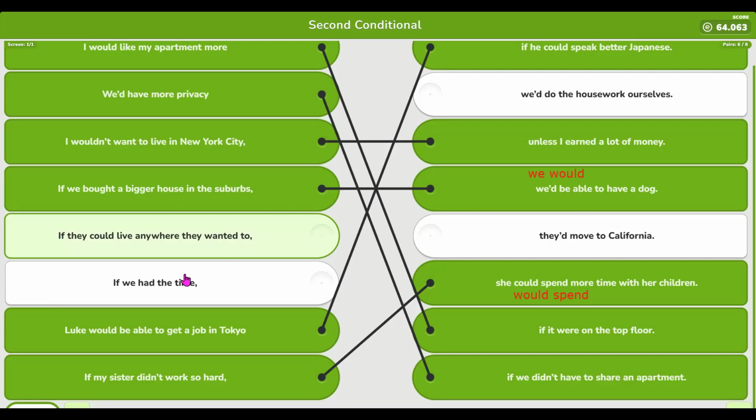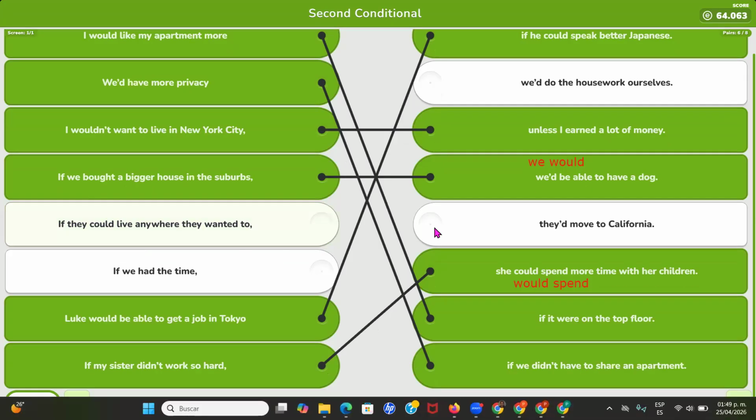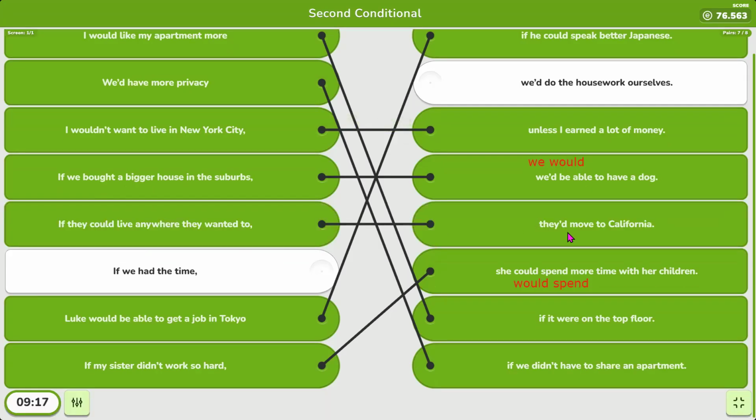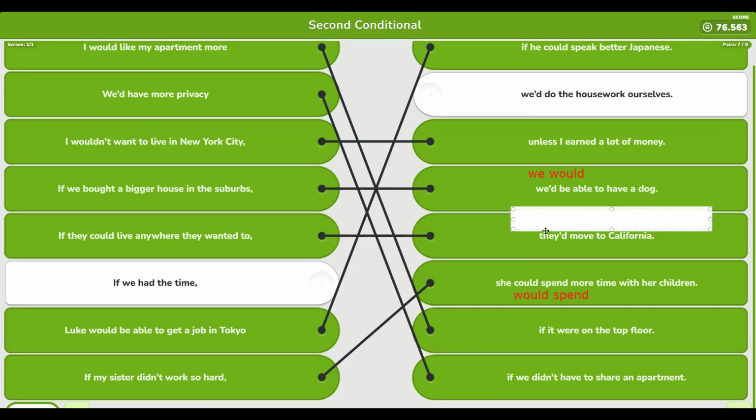Ah, it is they in the condition, they in the result. Okay. They'd move to California. And one more time, that is the pronoun and the modal, it is they'd, they would. Yeah, it's a contraction.